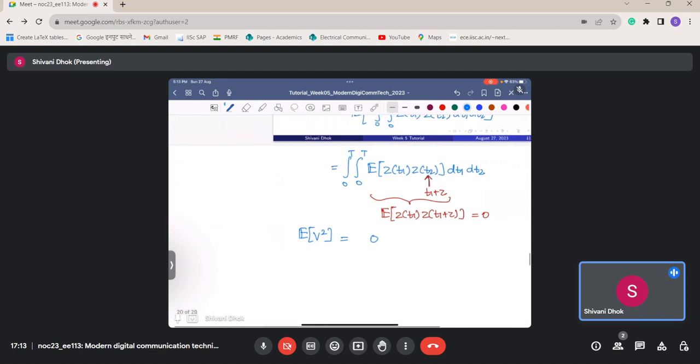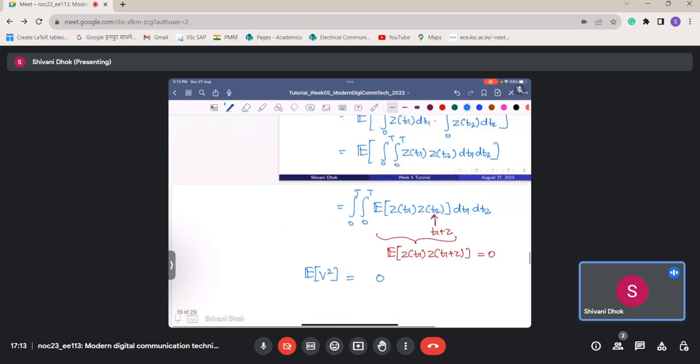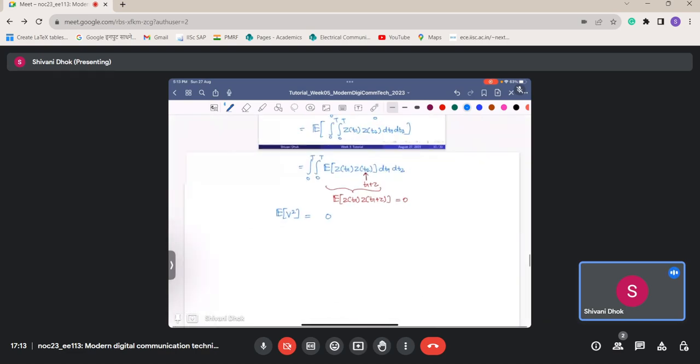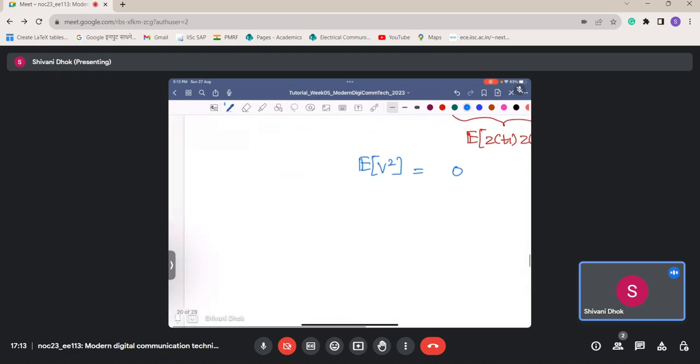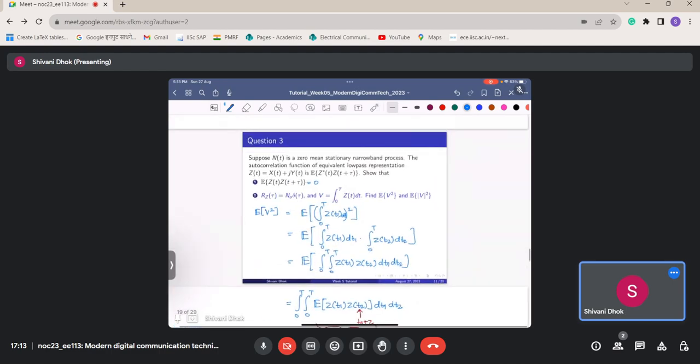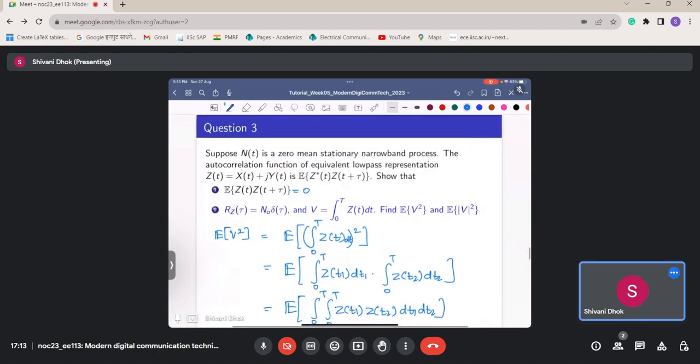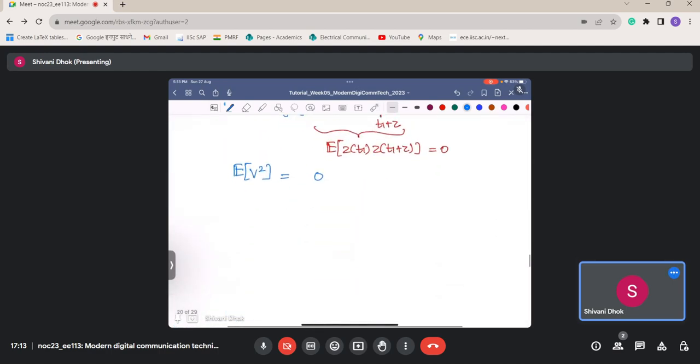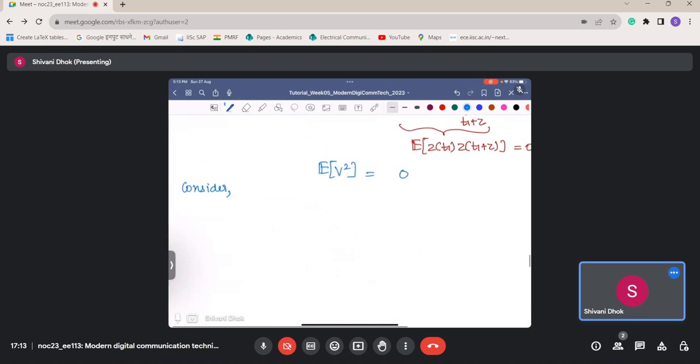I hope this part is clear, and if this is clear, now let us solve the second part. So now let us consider expectation of magnitude v squared, and this is basically equal to expectation of v into v conjugate.